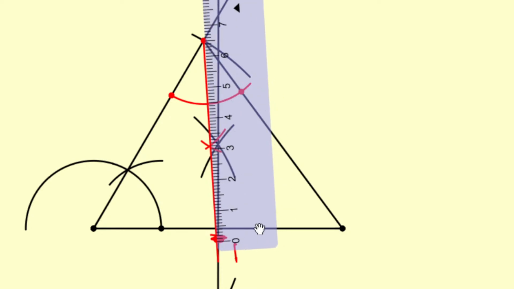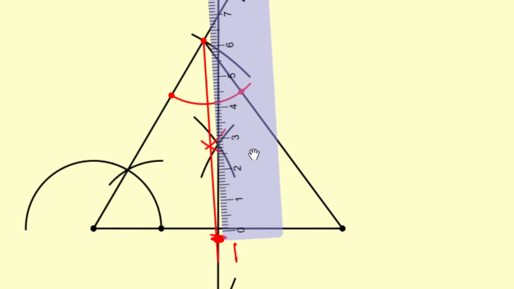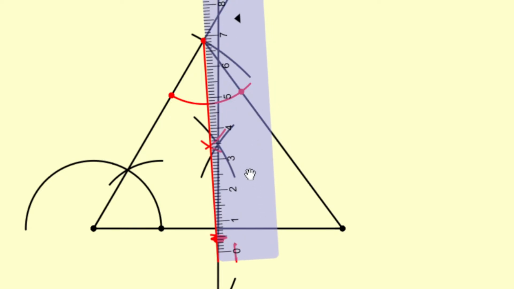You people are telling 8, mine is like 6.5. AP around 6.5 I am getting. Because you are getting the distance AP as 8 and 8.5. See, at this point it's around 6 or 6.5 I am getting as the distance AP.